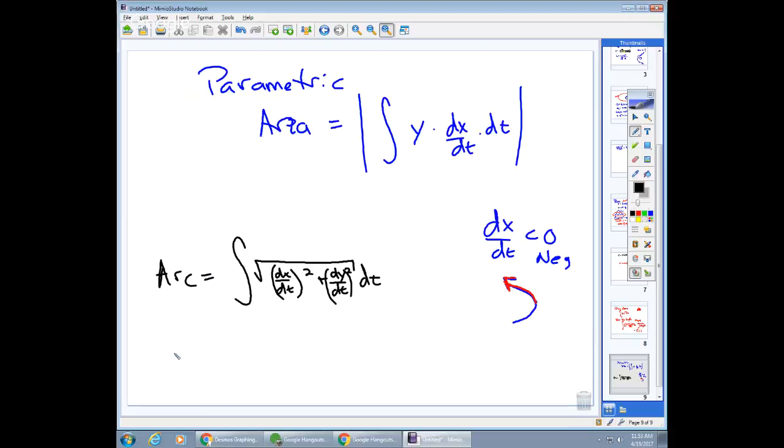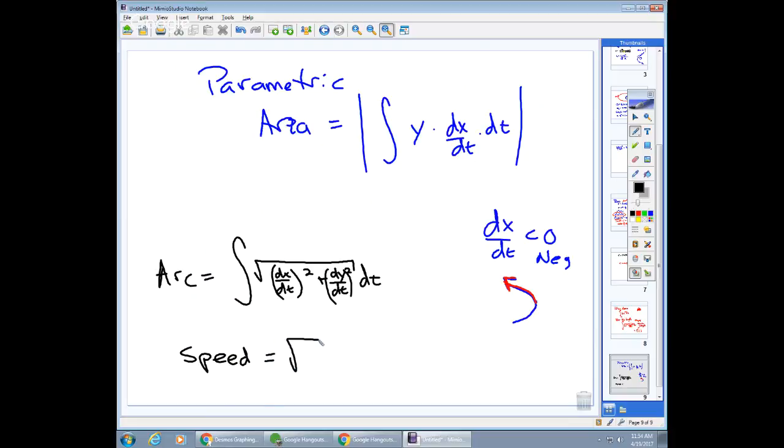Other interesting thing parametrically was the idea of speed. Anybody remember what speed ended up being with parametric stuff? So we have x velocity, we have y velocity. If we put them together, we get speed. How do we put them together? It's not slope. What is it? Yeah, it's Pythagorean theorem. It's basically the inside of the arc length.